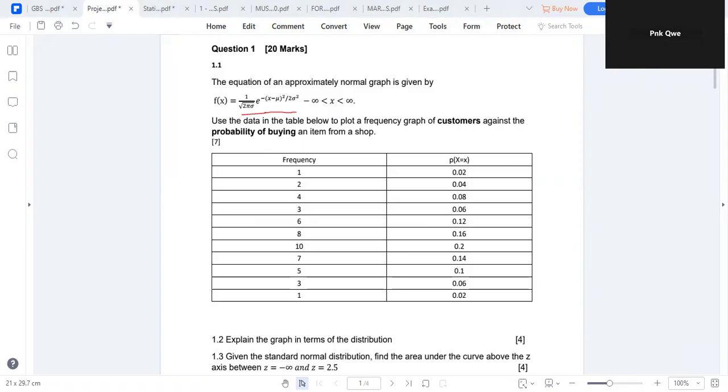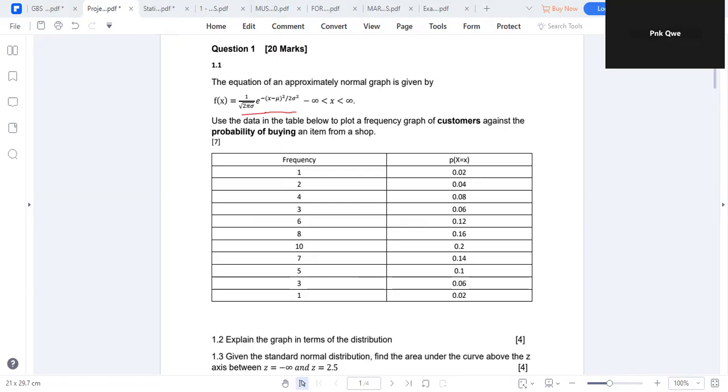The graph should be a bar chart or frequency polygon with x on the x-axis and probability of x on the y-axis. The bars are centered on the values 1, 2, up to 10, and the heights correspond to those. So we can draw this to show the distribution at the peaks.